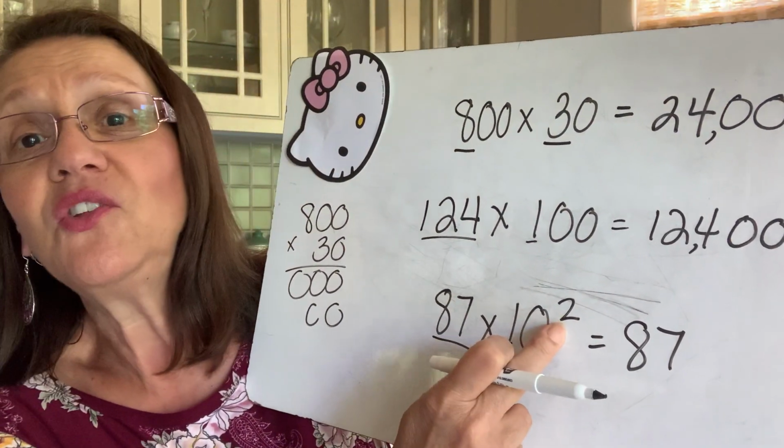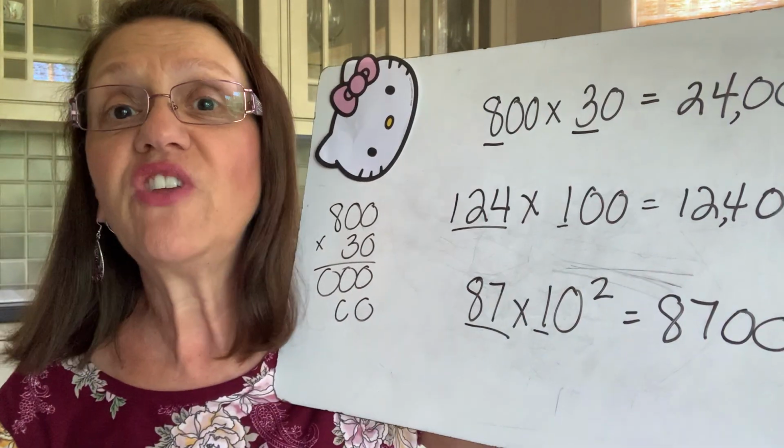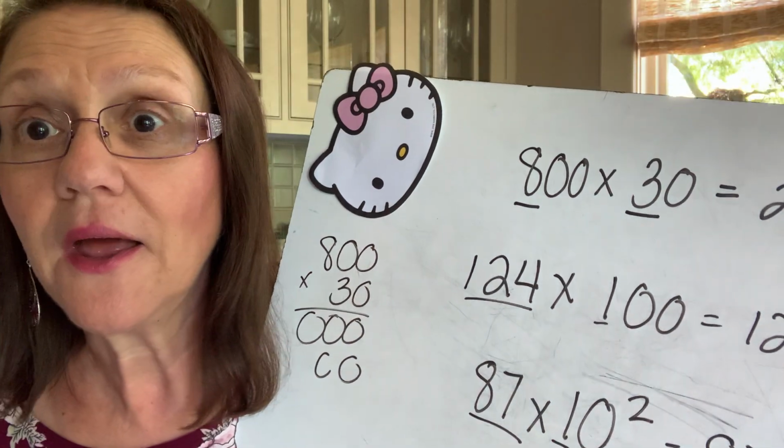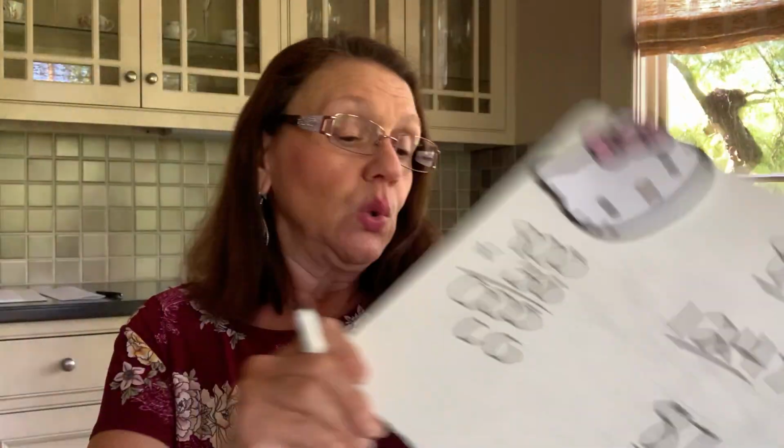Look, exponent is 2. That means 2 zeros. You're done. That, my friends, is the tens trick. Later, in other lessons, we'll be learning how to use the tens trick with division. We'll learn how to use the tens trick with decimals. It's fantastic. So please practice that skill. You will use it a lot.